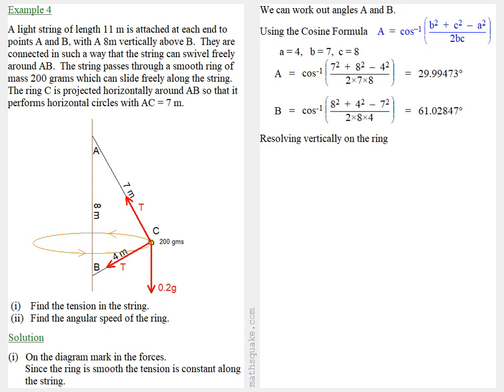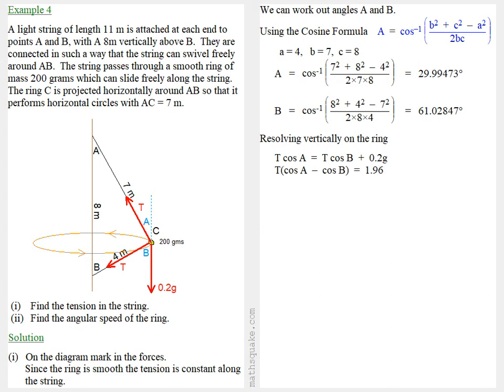So, going back to our diagram, we can resolve vertically on the ring. We have the angles between T and the vertical are A and B. So, this gives us T cosine A equals T cosine B plus 0.2 g.